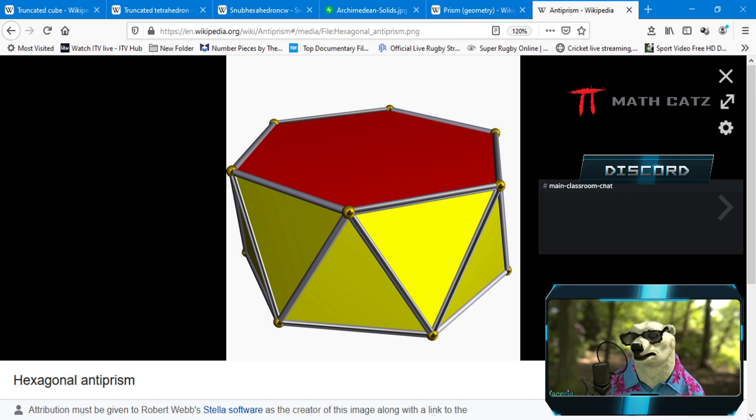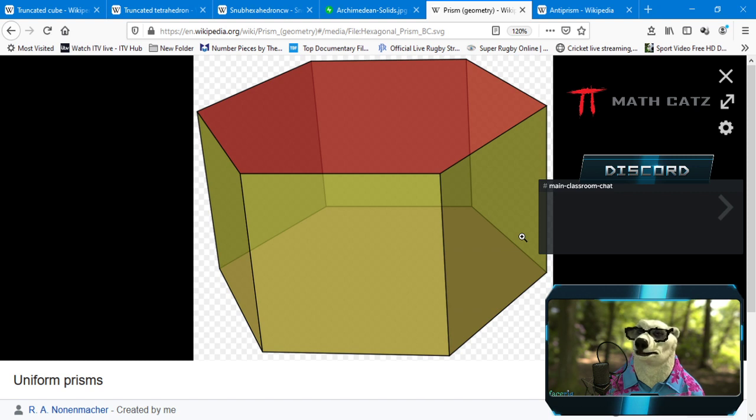So the faces, let's just go back. The faces of the regular prism was a hexagon top and bottom and 6 squares on the sides because each hexagon side has a wall up.